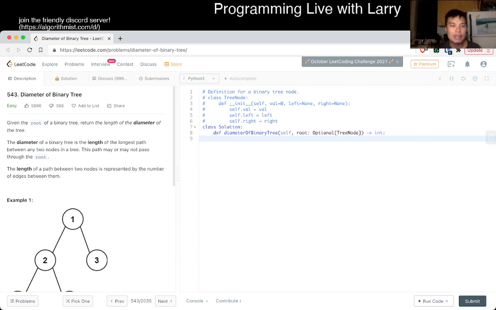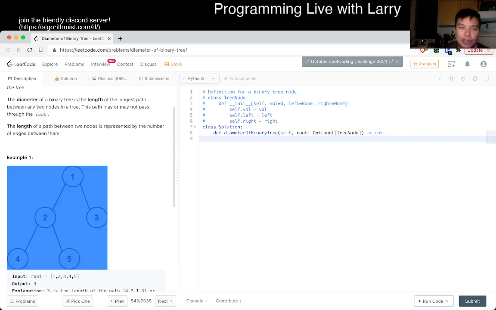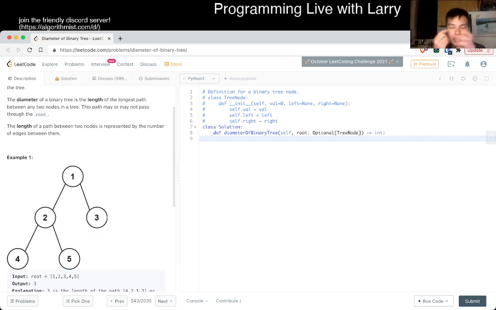So in this particular problem, I just think about each node, and if this node is the, I guess, LCA, the lowest common ancestor between two nodes that are the longest path, what would that be, right? That means that if the longest path goes through this node as the root of the longest path, then you just take the longest path from the left and the longest path from the right, and then combine them together, right?